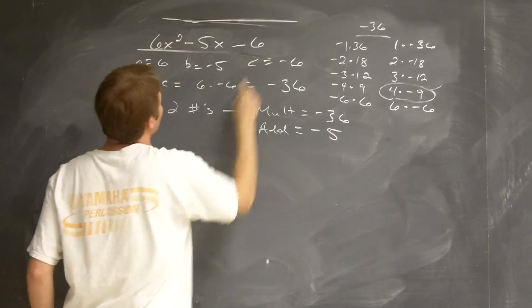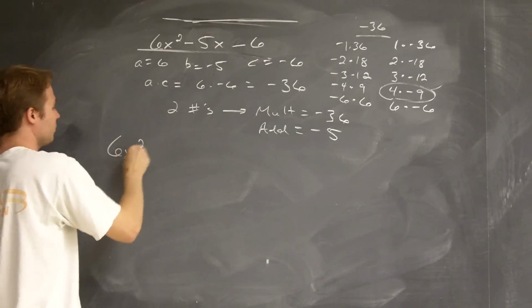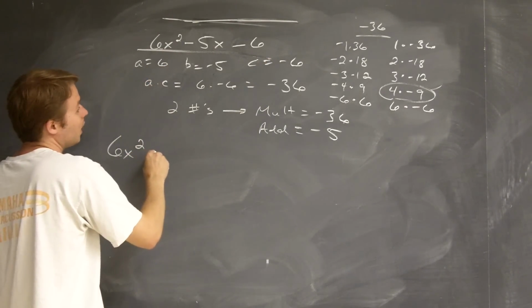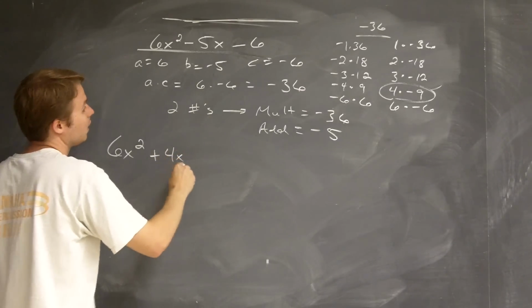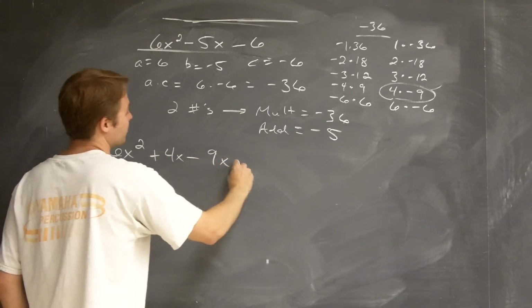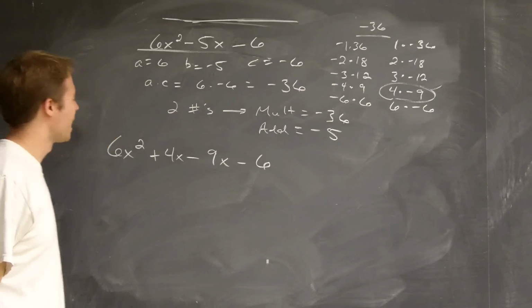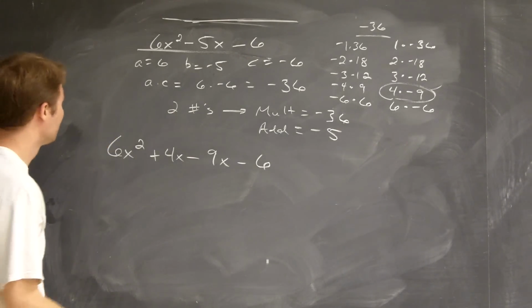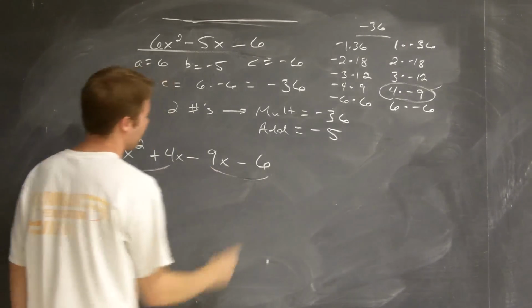So I'll rewrite my original expression. Instead of negative 5x, I'm going to rewrite this as plus 4x minus 9x, and then minus 6. And again, I'm going to try to group this. So I'll group these two together, these two together.